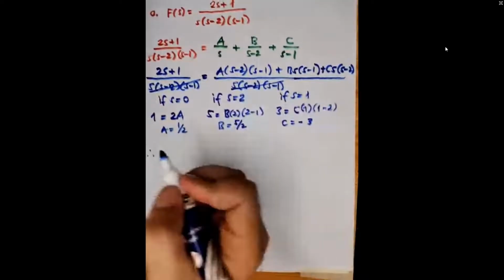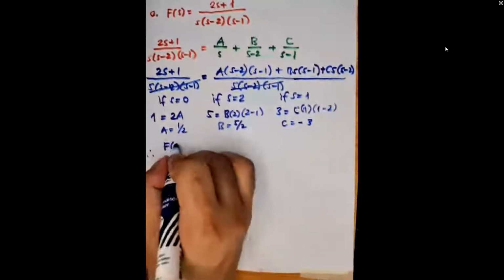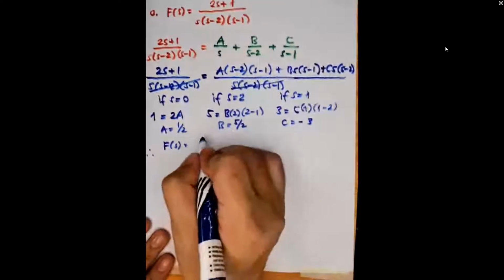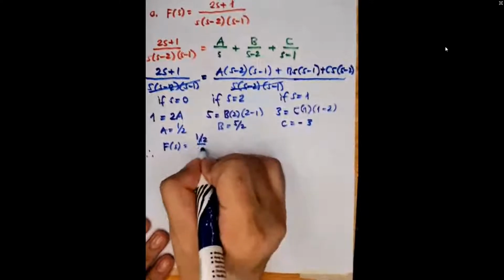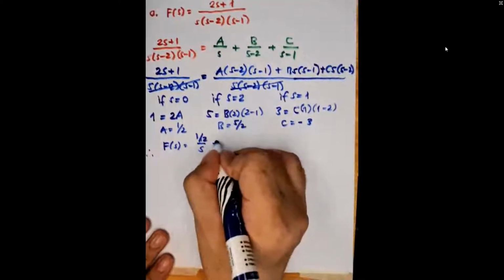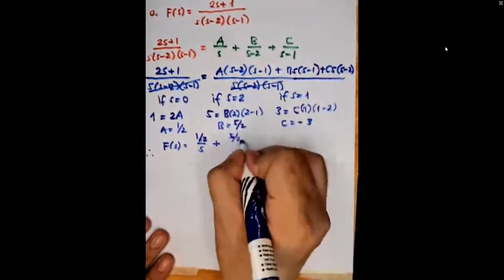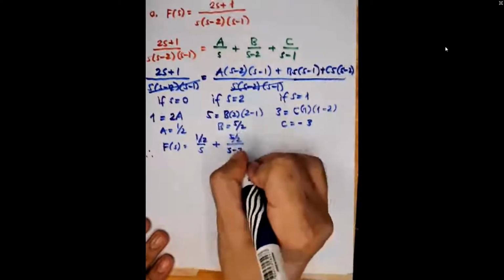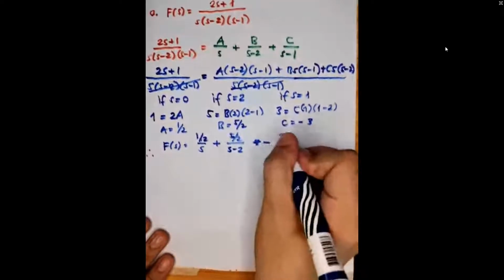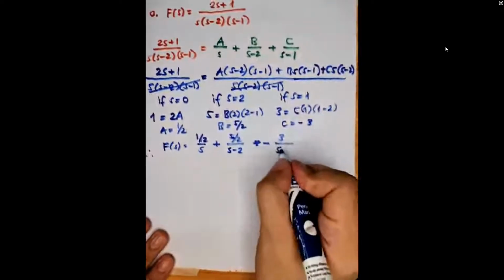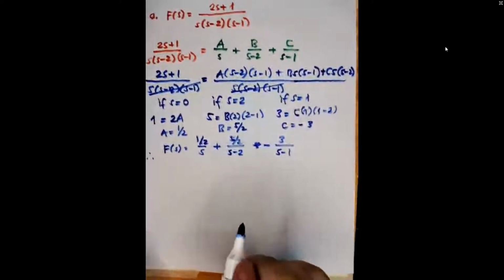So therefore, our given function is equal to 1/2 over s plus 5/2 over s minus 2 plus negative 3 over s minus 1.